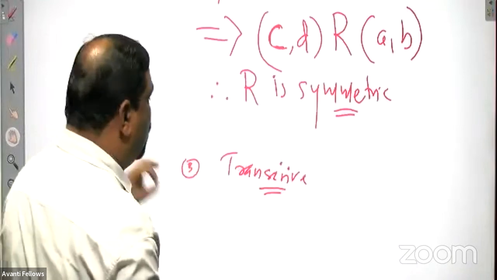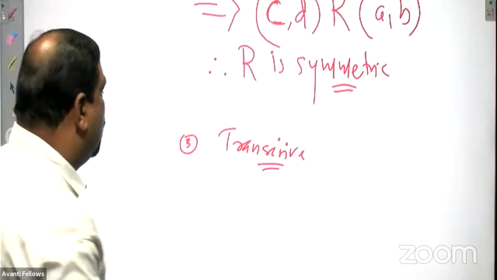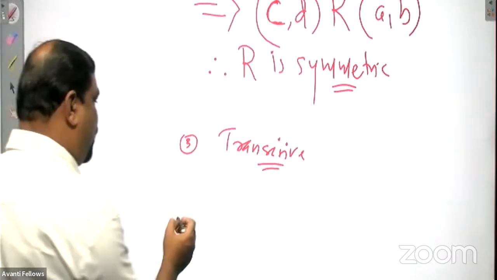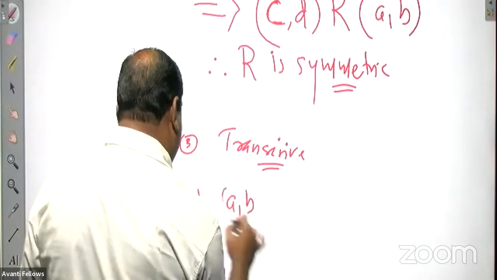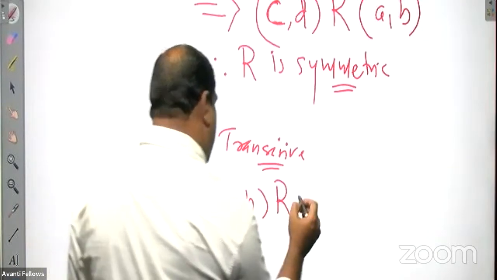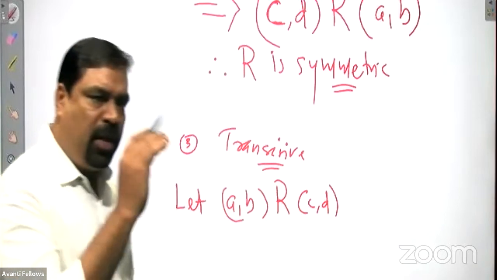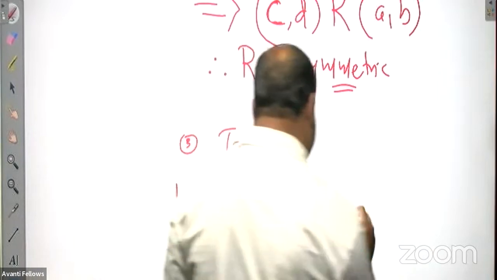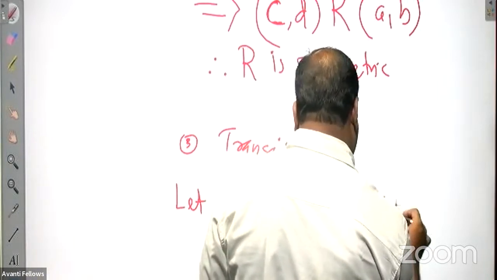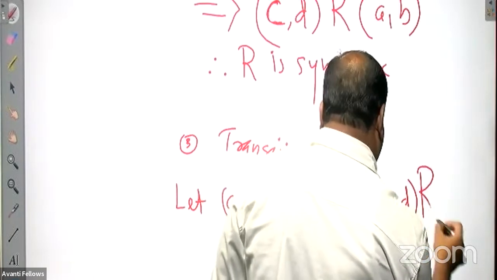Now we have to prove whether it is transitive or not. For transitivity, the same method. What we do? We take some element AB and suppose that it is related to a second element CD, and the second element CD is related to another element.